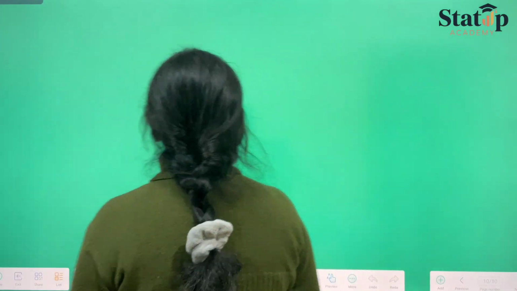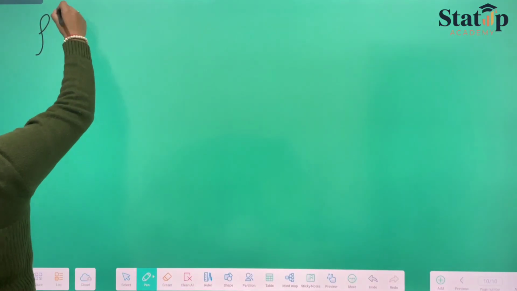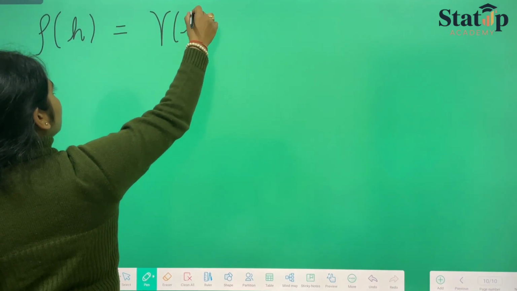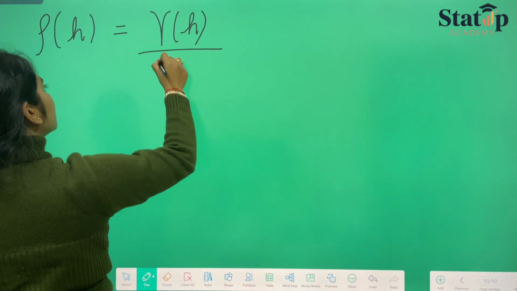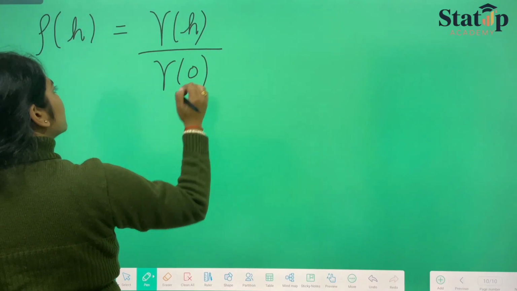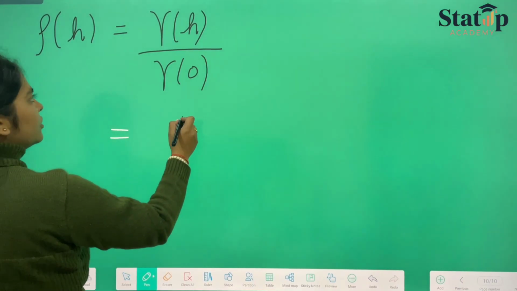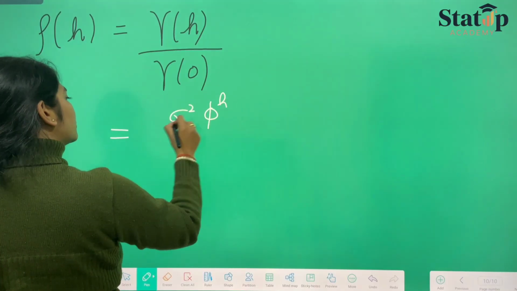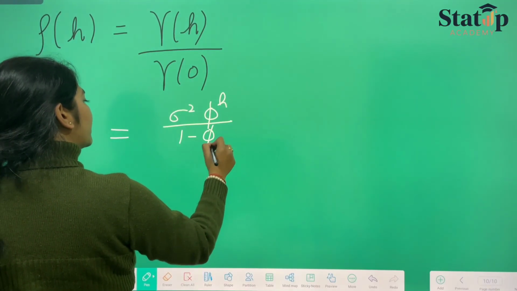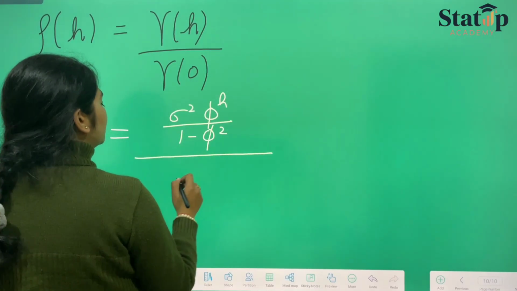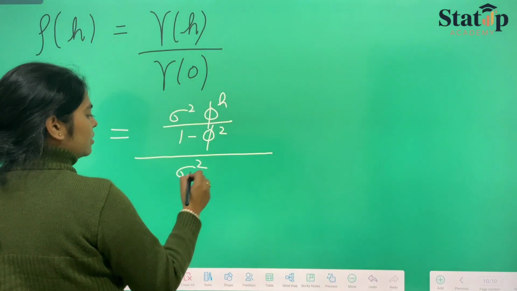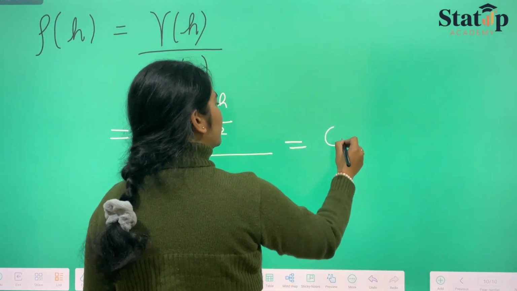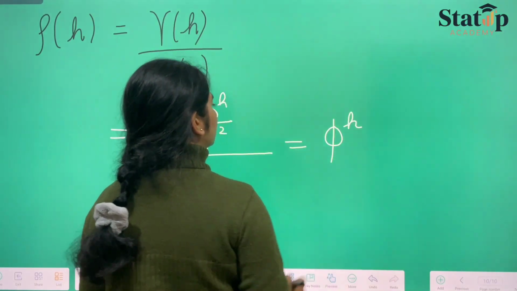And hence we can calculate the autocorrelation function with lag h by keeping the values here. We get sigma squared phi^h upon 1 minus phi squared, whole upon sigma squared upon 1 minus phi squared, which is nothing but phi^h.